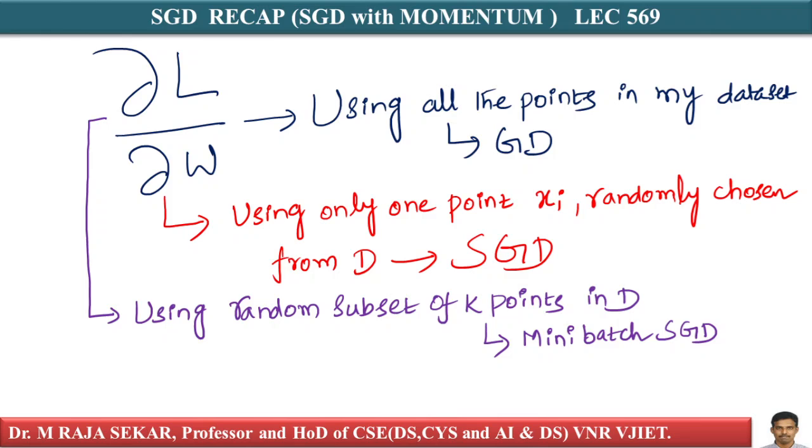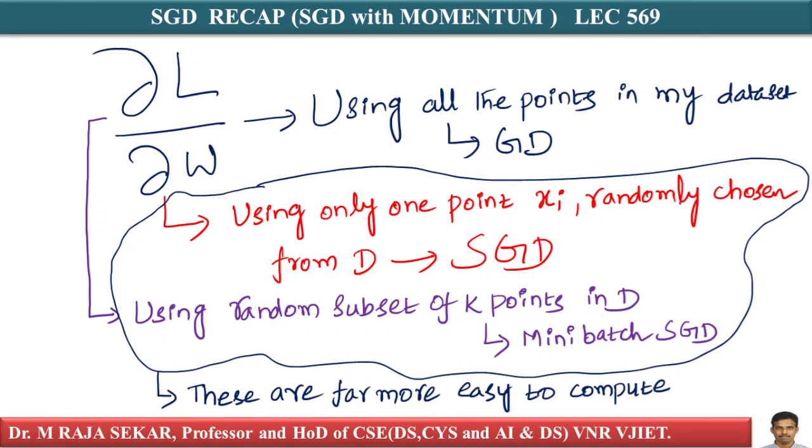Why do we choose the limiting case, 1 point SGD, or I can say mini batch SGD? The reason is these are far easier to compute. Imagine if you have millions of points in the data set, if you use all points to compute the gradient, it will take a lot of time.